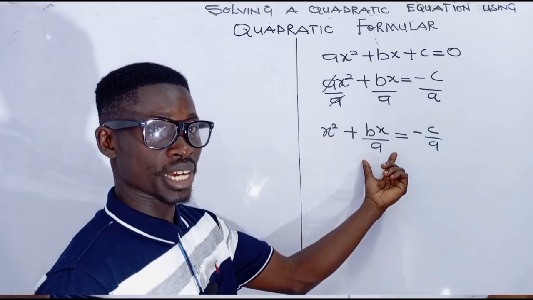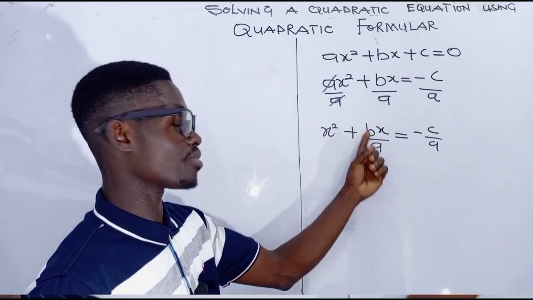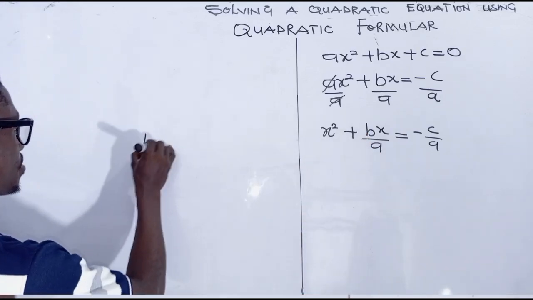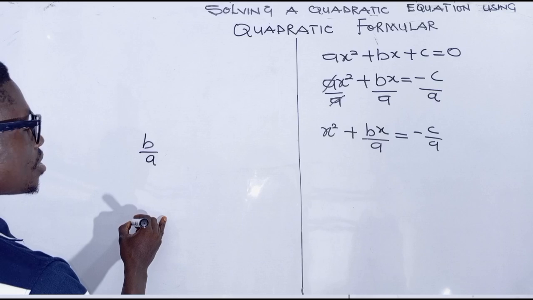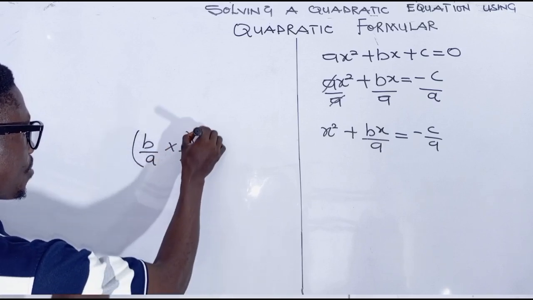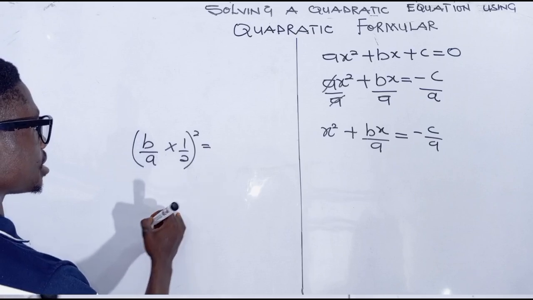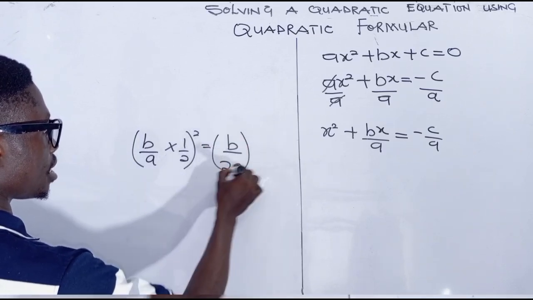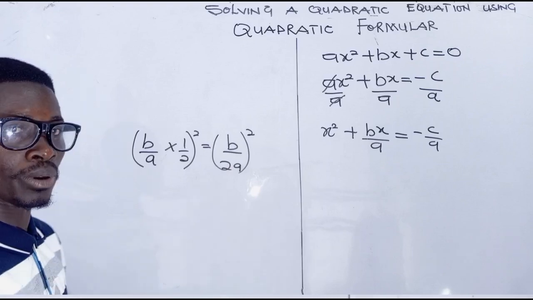Now to complete the square, we are going to multiply the coefficient of x by half and then we square it. So you multiply the coefficient of x, which is b over a, by half, and then we square it. This is going to give us b all over 2a, all raised to the power 2.